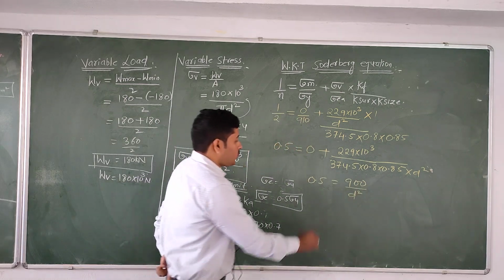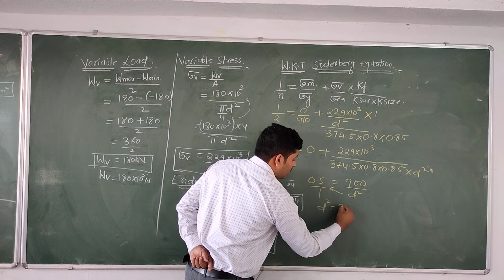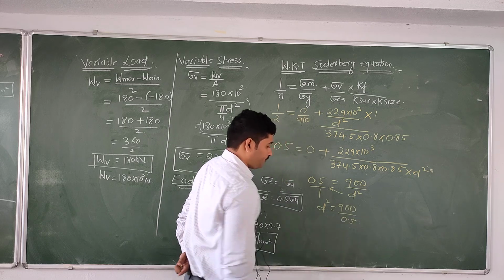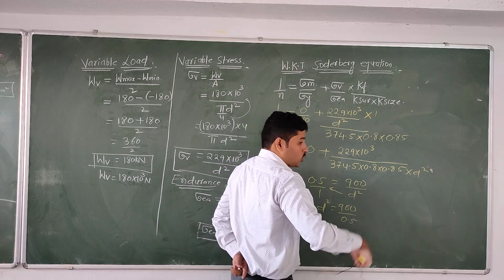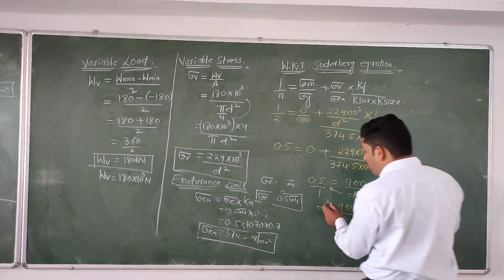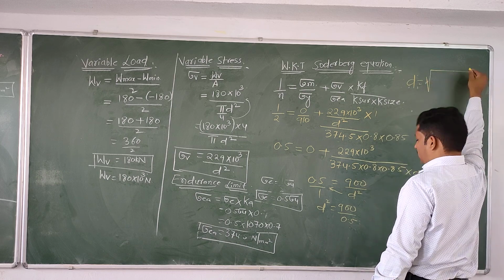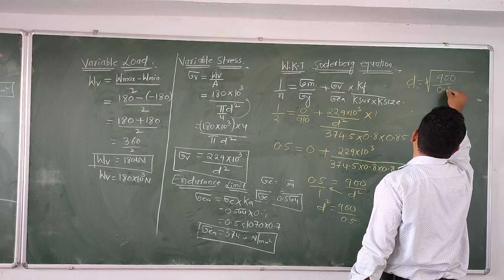Then you need to cross multiply this term: d square equal to 900 by 0.5. If you remove the square, it becomes a root. Is it right? 900 by 0.5.